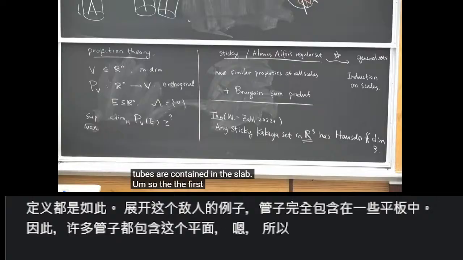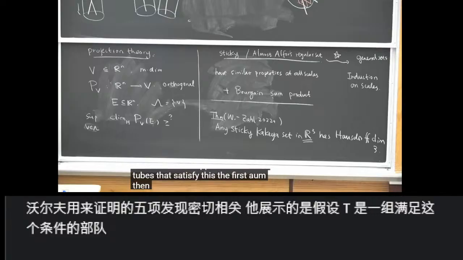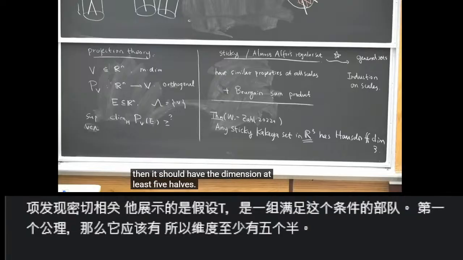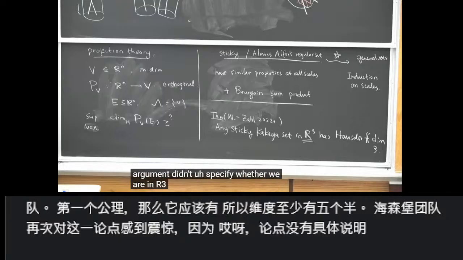So the first definition is closely related to what Wolff used to prove his 5 halves bound. What he showed is that suppose T is a set of tubes that satisfy the first axiom, then it should have dimension at least 5 halves. And again, the Heisenberg group is sharp for this argument because Wolff's argument didn't specify whether we are in R3 or C3.